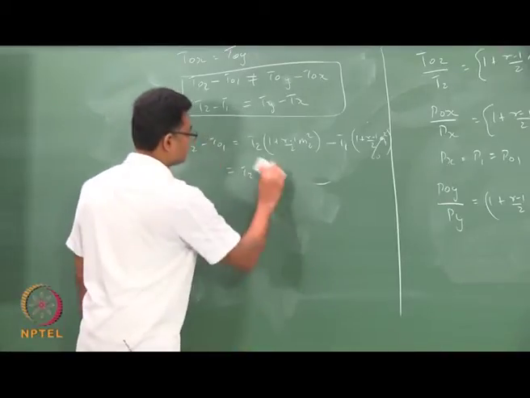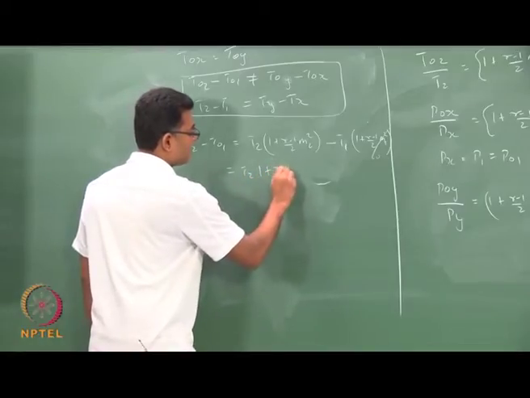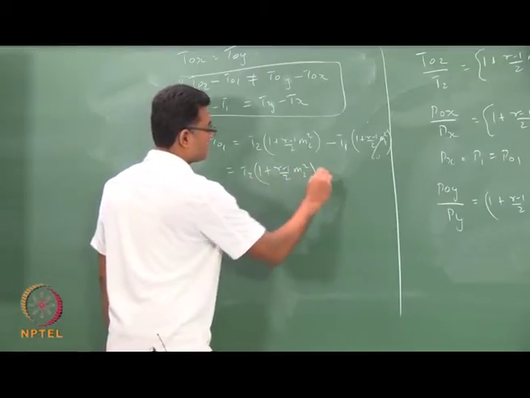I will write the whole thing, 1 plus gamma minus 1 by 2 M2 square minus T1.